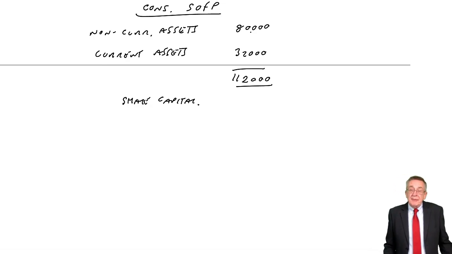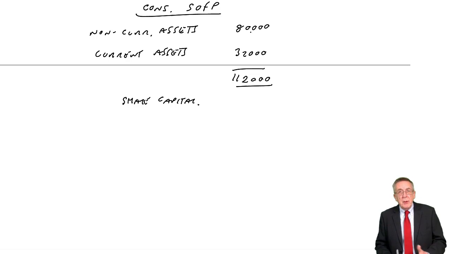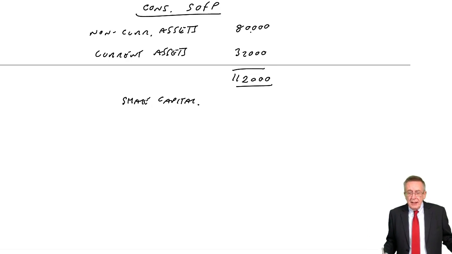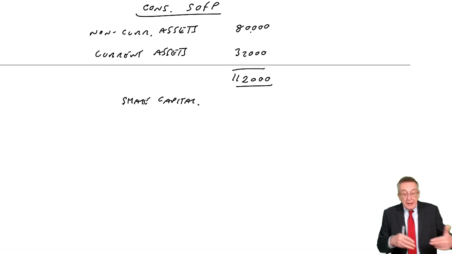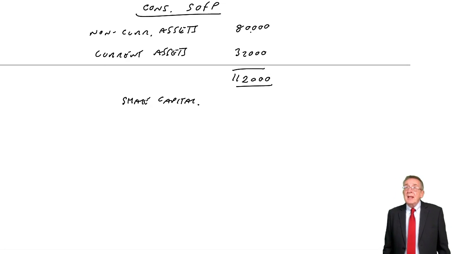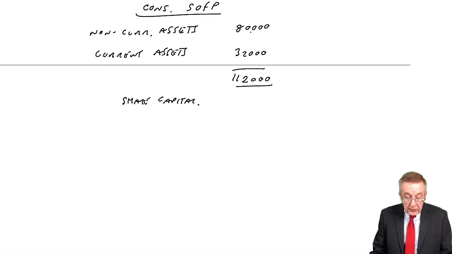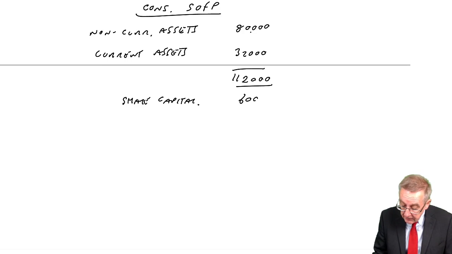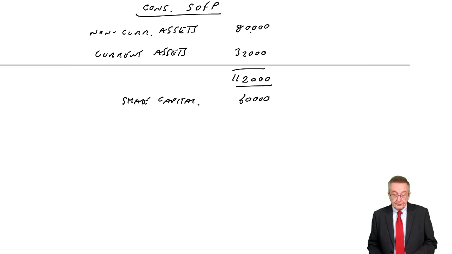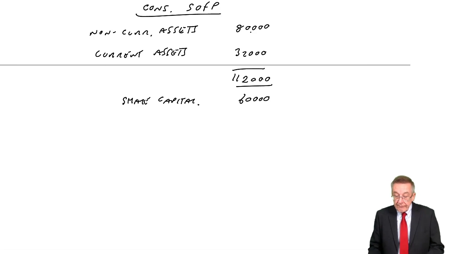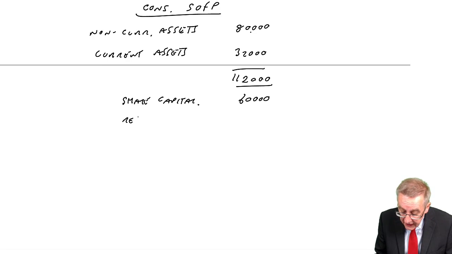Well, again, like before, it's the shareholders in P who effectively own everything. The shareholders in P own P, obviously, and P owns S. And so it's the shareholders in P, the parent company, it's their share capital that we bring in. Retained earnings.